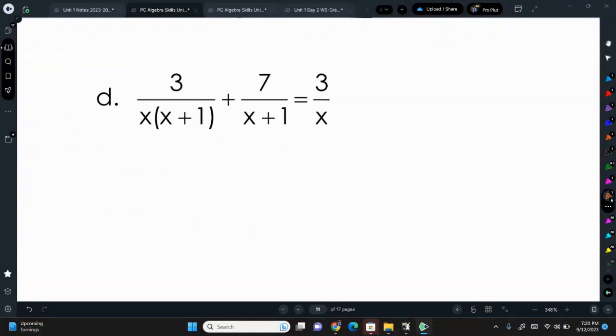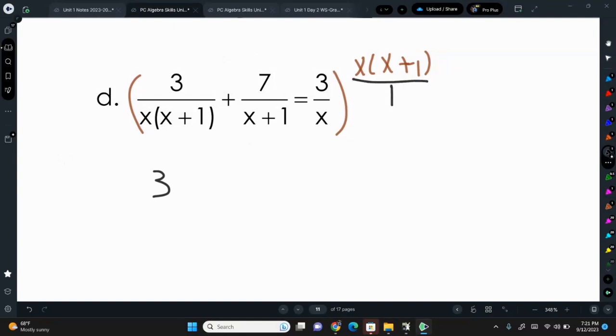We don't have to factor the denominator here, so we're going to multiply everything by x times x plus 1. So in the first fraction, everything's going to cancel out, and we're going to be left with 3. I probably should have said this when we were doing this in letter A, but notice how I'm only multiplying the numerators because this is like multiplying by something over 1.